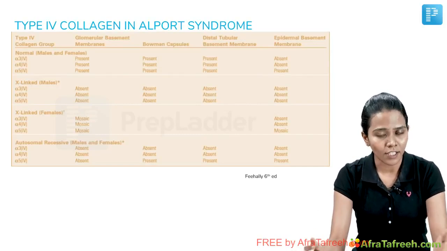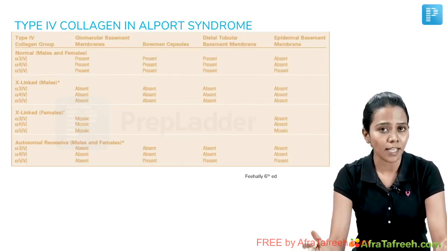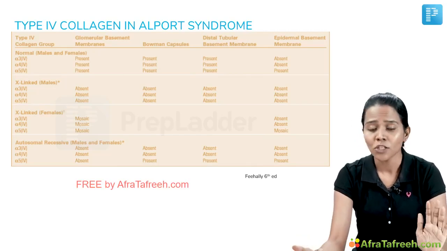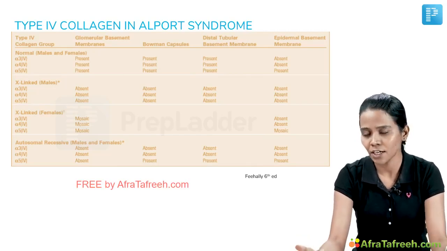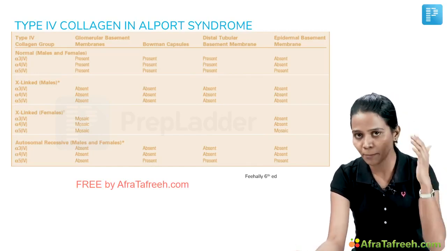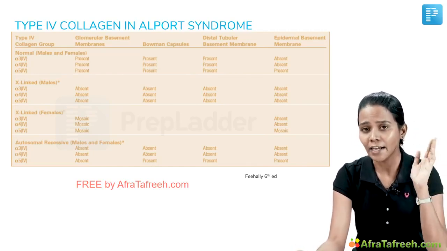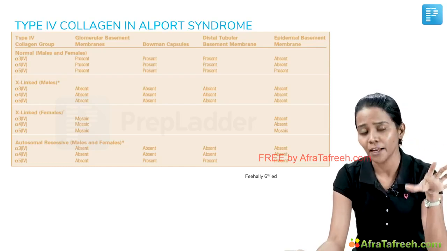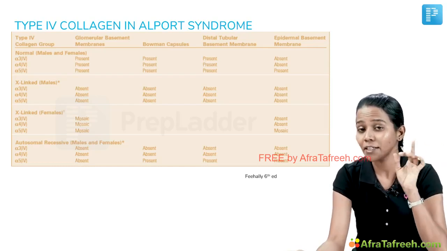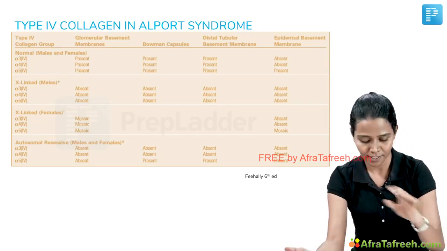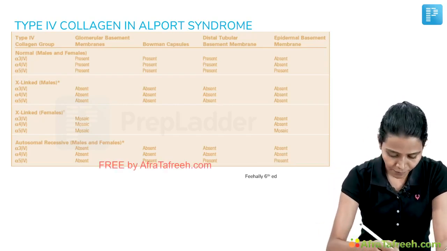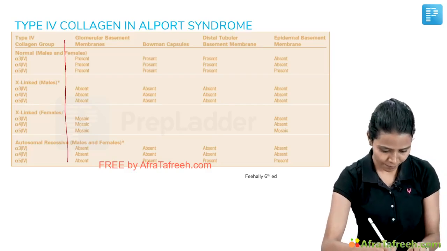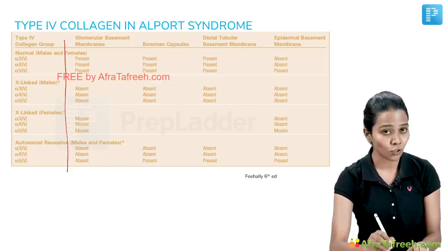Now, this is the chart which shows what are the types of collagen that are present in each patient of Alport syndrome, right? So, normally we saw in that chart the different basement membranes that were present, and alpha 3, alpha 4, alpha 5 being present in almost all basement membranes. And in the epidermal basement membrane, it is alpha 5 and alpha 6, right? So, first see this part of the table. Here it is collagen group they are telling.